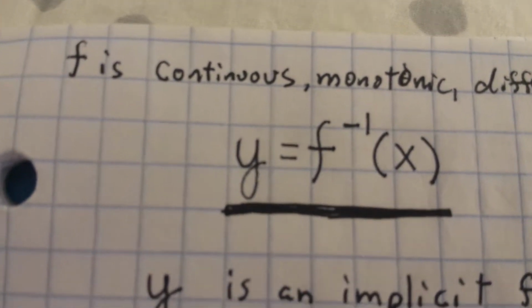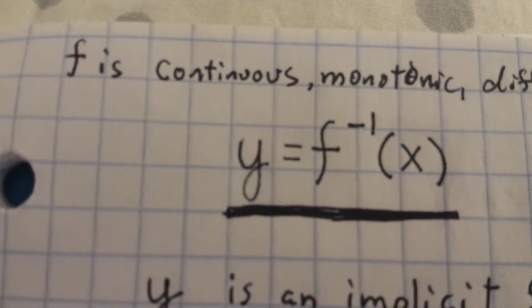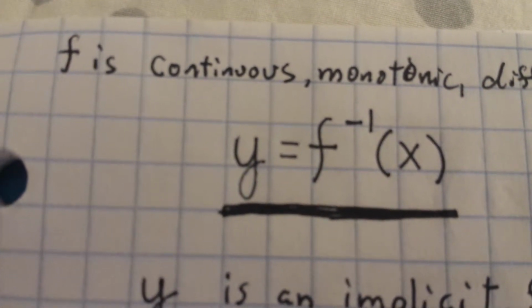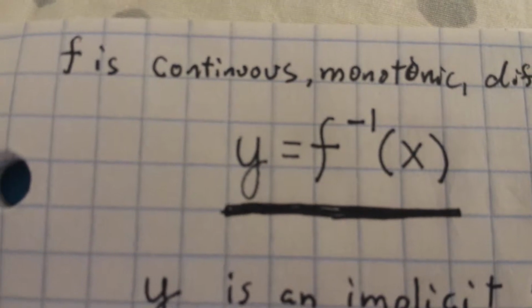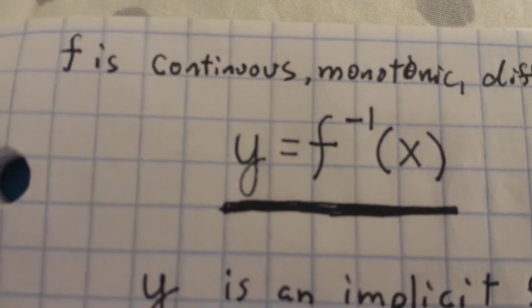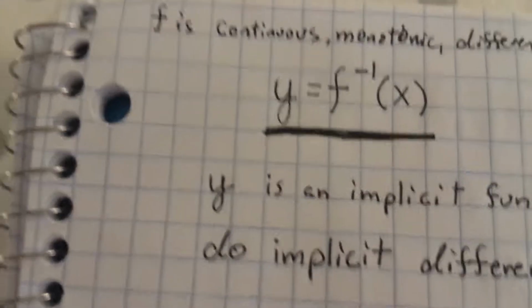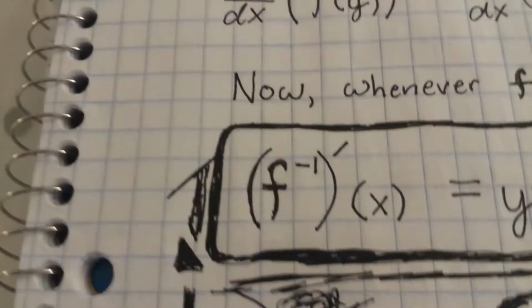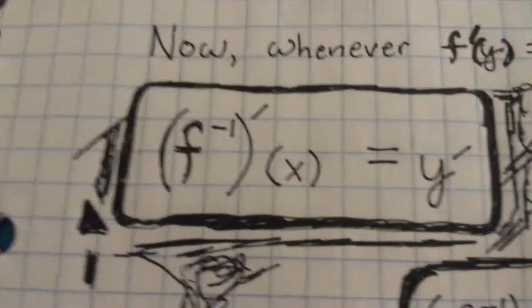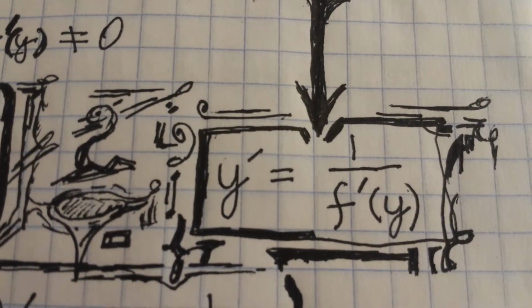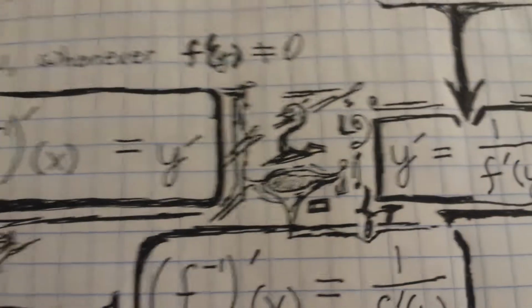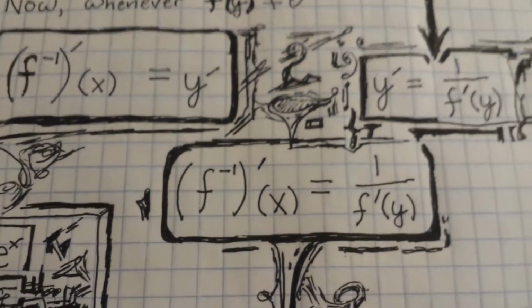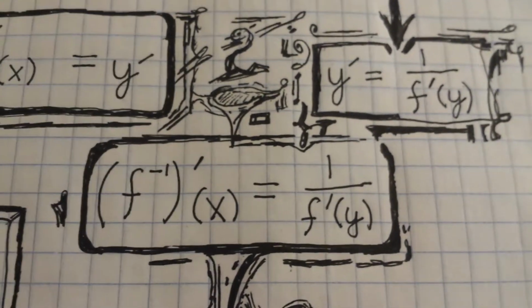Since the inverse function of f of x equals y, then y prime equals the inverse function of f prime of x. Okay, so that must also be true. And since this is true and this is true, we can put them together to get this.